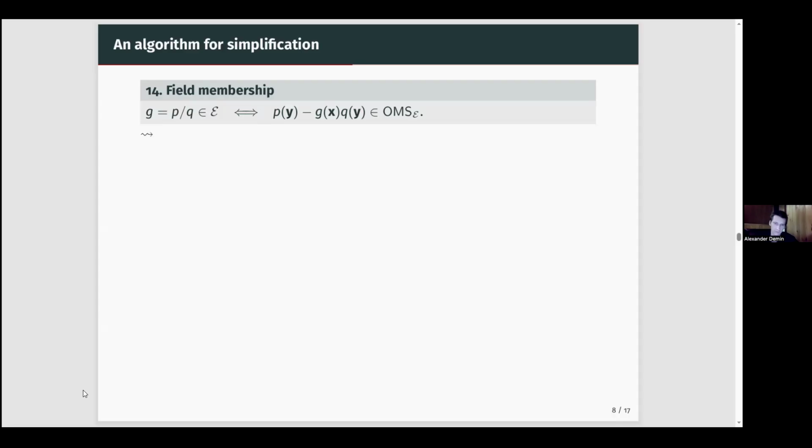All right. So this field membership algorithm can be used for detecting redundant elements in the set of generators. And so if we know that the generator can be expressed in terms of all others, we can safely throw away the generator.